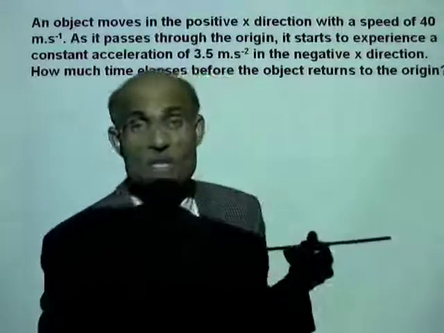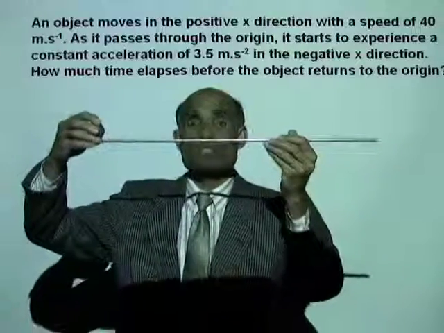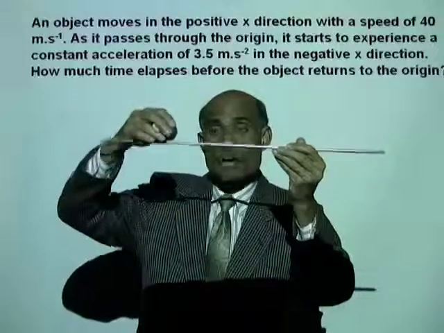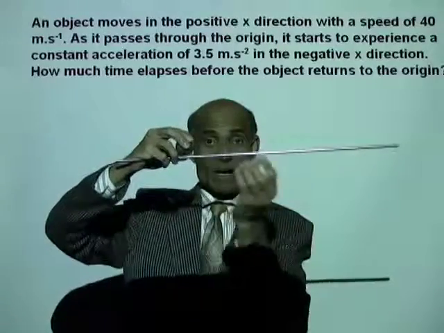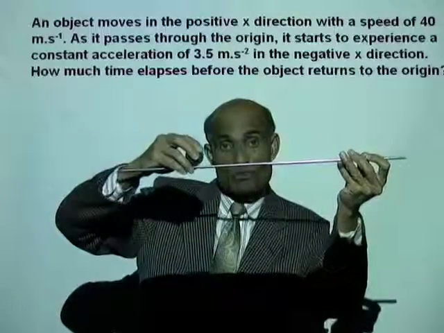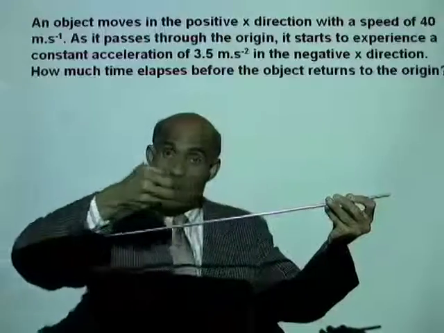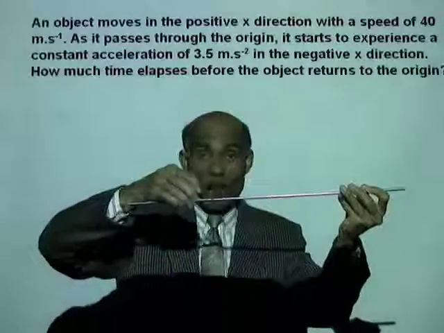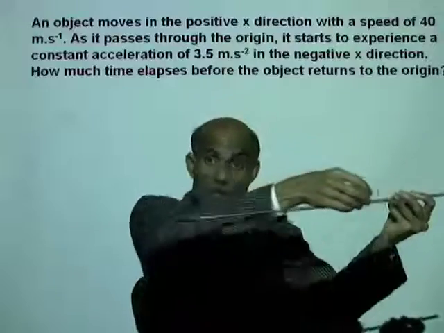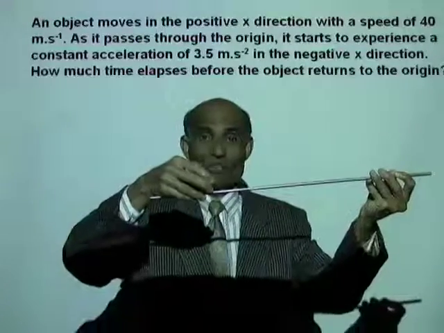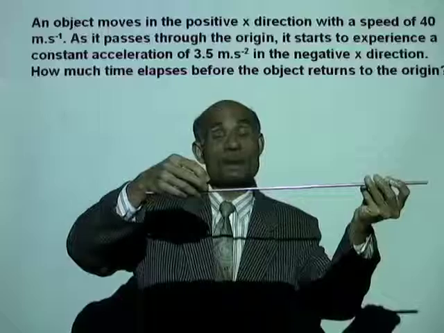So what happens here is the object moves as it comes to the origin. It has a certain speed, and as it goes to the right, it experiences an acceleration in the opposite direction. So it's going to slow down and move back to the origin. And we want to find what?